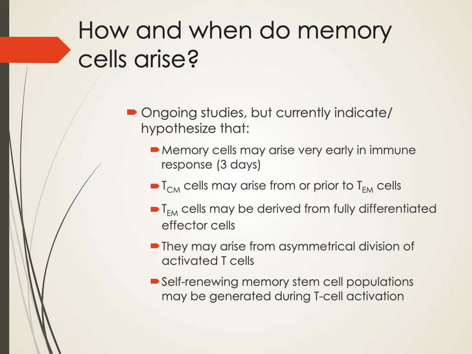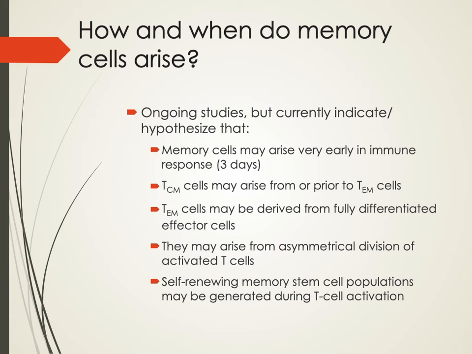At 3 days, we can start to see memory populations occurring. Keep in mind that the first 24 to 48 hours would be innate response, and we're talking about adaptive cells being activated at day 1, day 2, so this is relatively shortly after that.